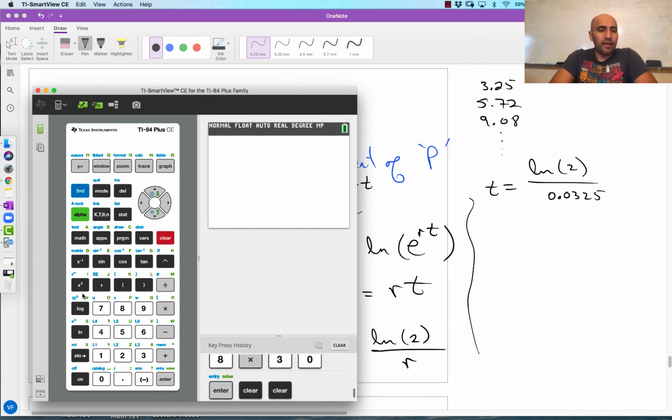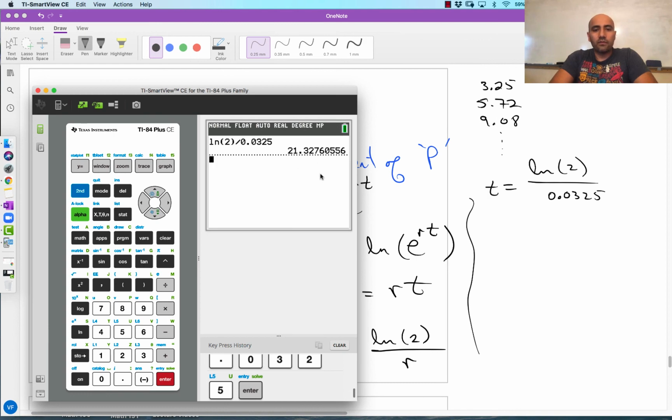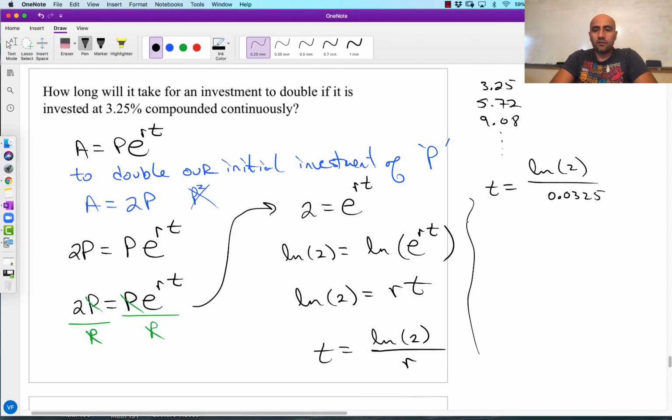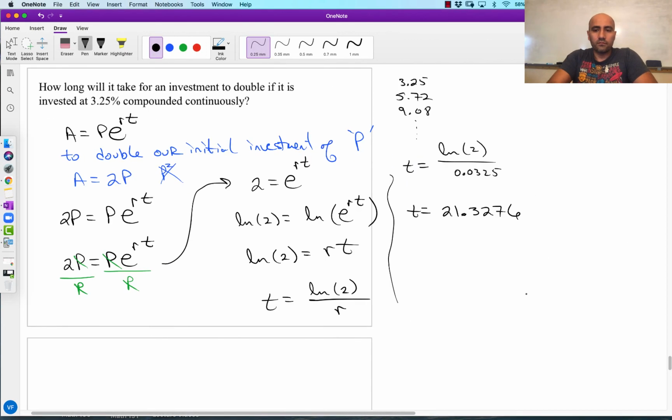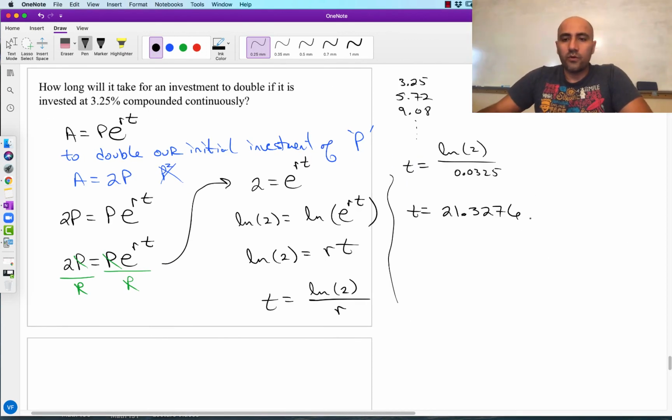So this would be ln of 2, close, divided by 0.0325. So it looks like 21.3276 years.